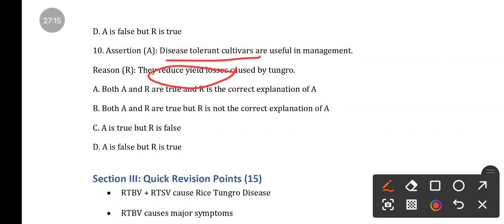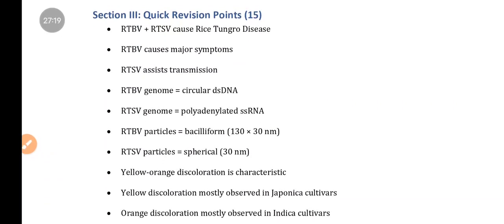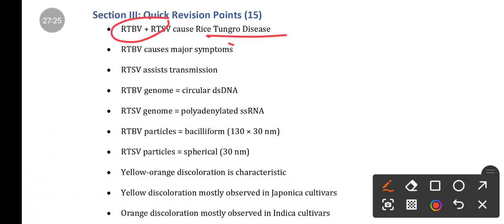So this is about the second section. Then quick revision points. RTBV plus RTSV co-infection causes Rice Tungro disease. RTBV is for symptoms and RTSV is for transmission. The RTBV genome is circular double-stranded DNA, whereas the RTSV genome is single-stranded RNA.